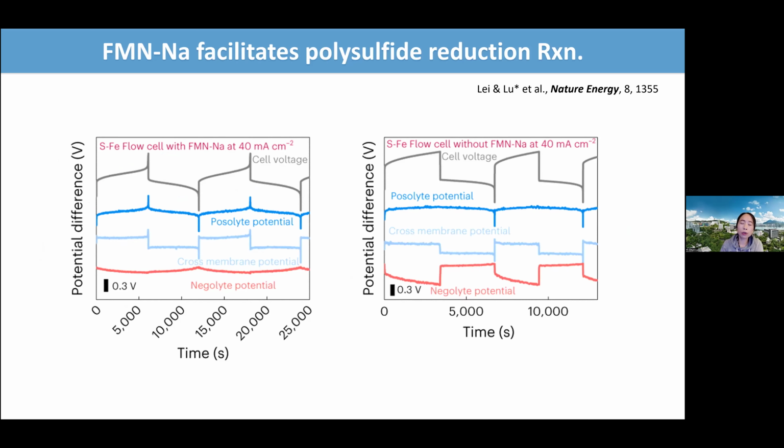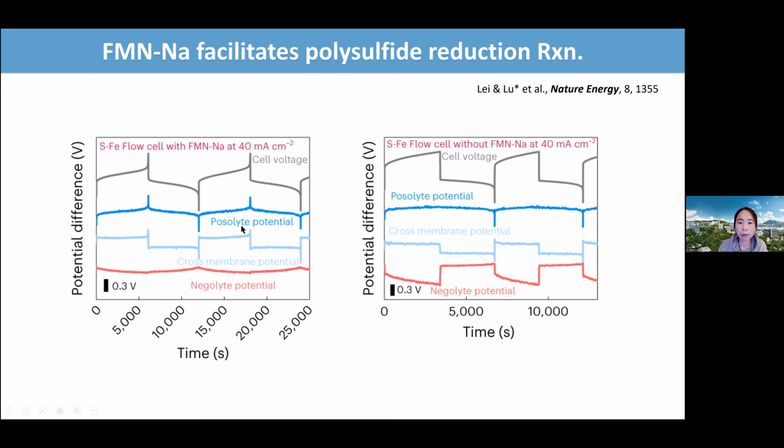And so we also looked for more evidence that we are directly improving the overpotential of the polysulfide side. So we operate this 4-electrode system, so you can decouple all of the potentials using the reference electrode. The red profile shows, so this gray line on charge and discharge is the overall cell voltage.